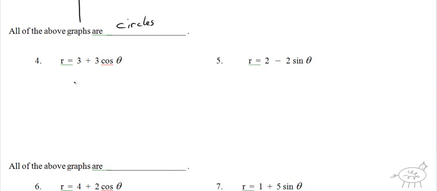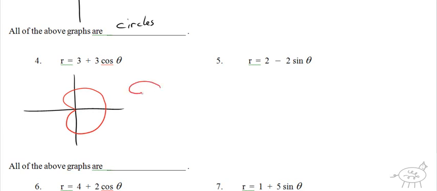So anyway, this guy here is going to kind of look like this. Well, that's kind of bad. But the thing I want to point out here, guys, is it doesn't look like this. It doesn't come to a point.